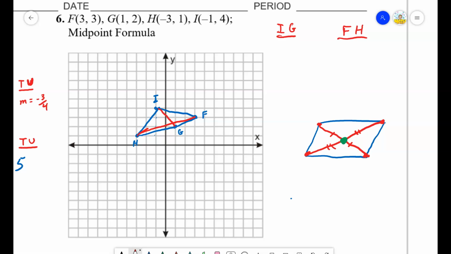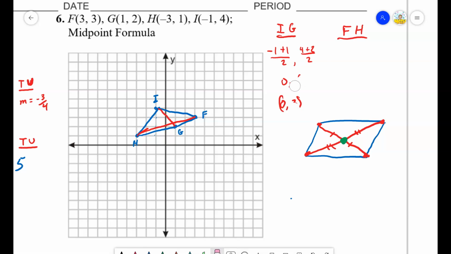So the midpoint of IG, if I were to calculate that, we take the x-coordinate of I, which is -1, plus the x-coordinate of G, which is 1, and divide by 2. Then we take the two y-coordinates for I and G, which would be 4 and 2, divide that by 2. So I'm going to get 0 and 6 divided by 2. I get 0 and 3 for my midpoint of IG.